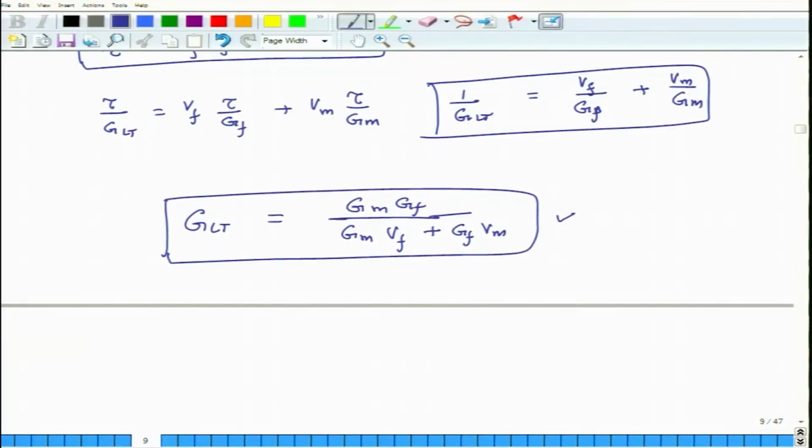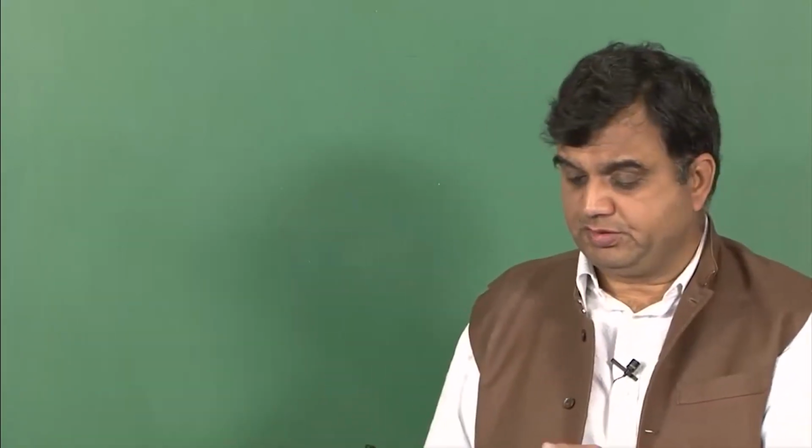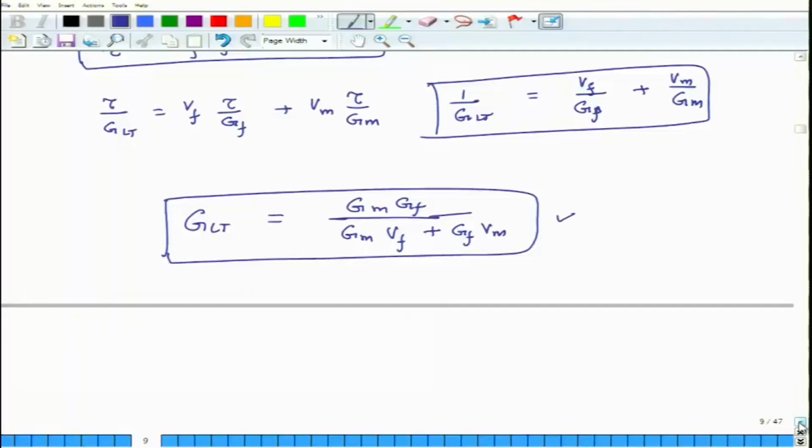The same is found to be true for GLT also. The predicted value of GLT comes to be much less than the experimentally measured value of GLT.